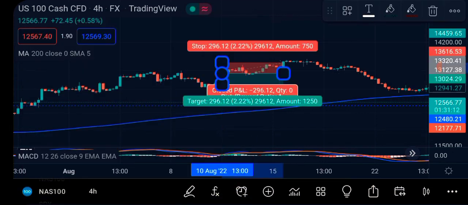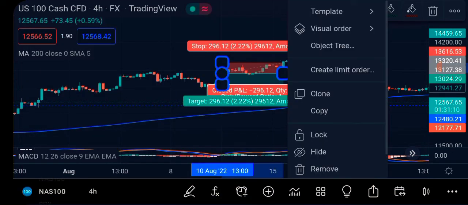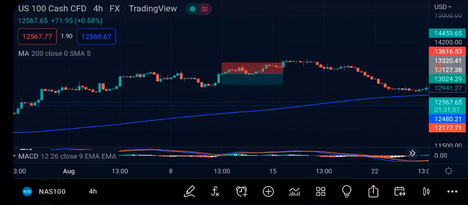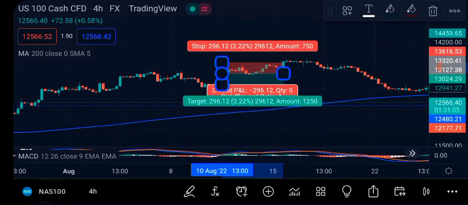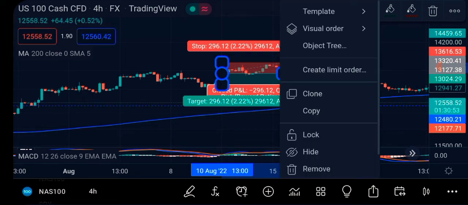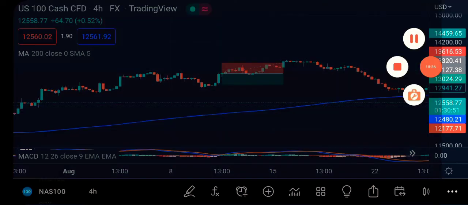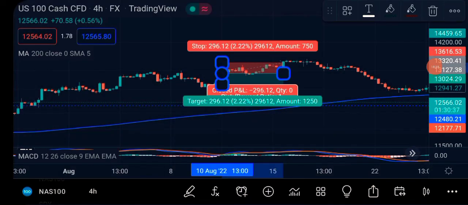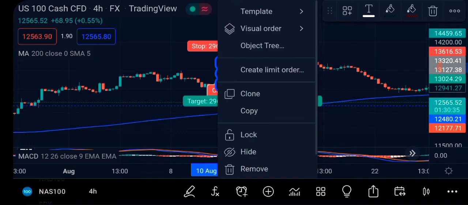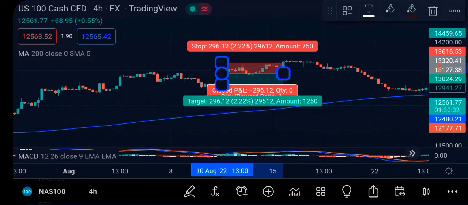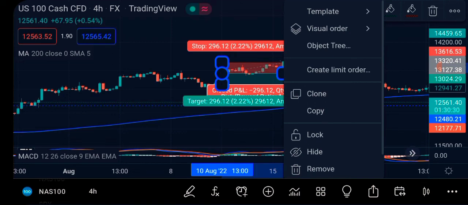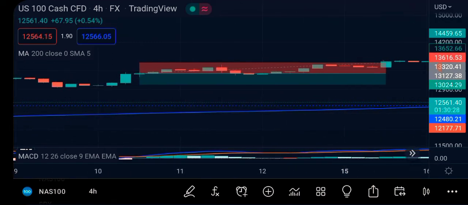I prefer doing it on my MT4 or MT5 than setting it up here. But I just want to show people that don't know how to go about it.